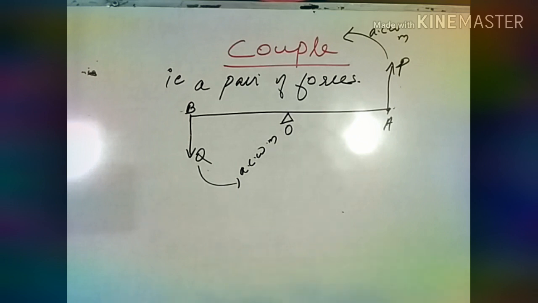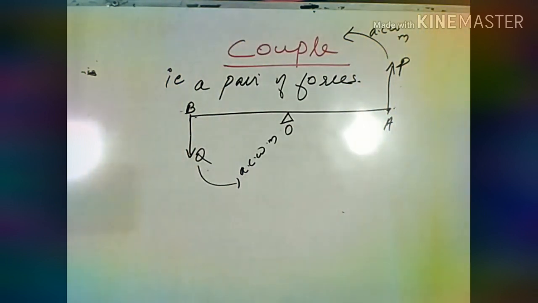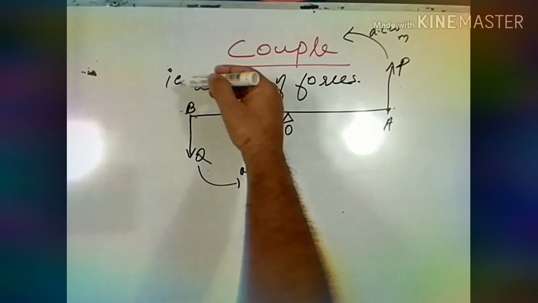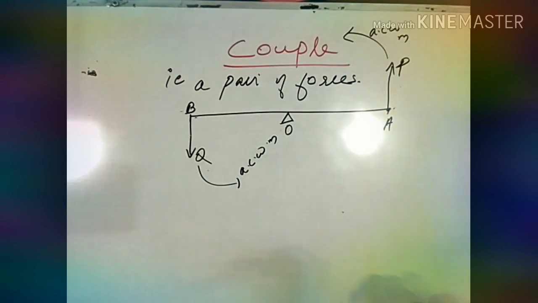Thus, as you see in the diagram, two equal and opposite parallel forces not acting along the same line form a couple. So how is a couple constituted?